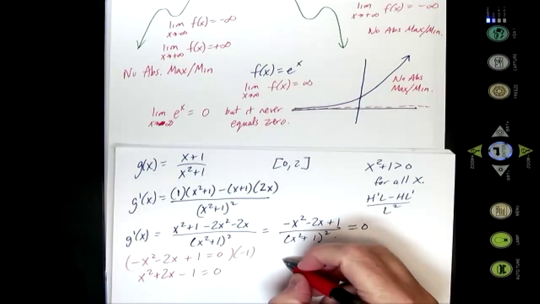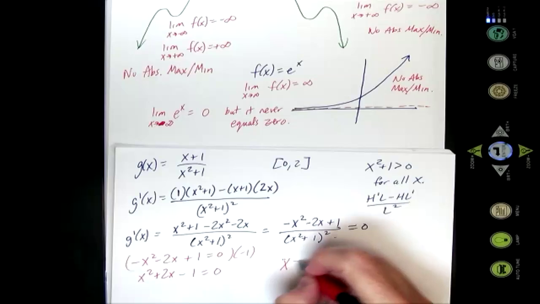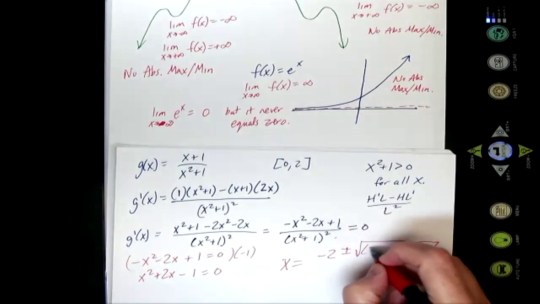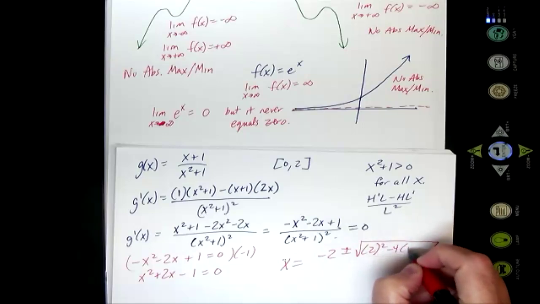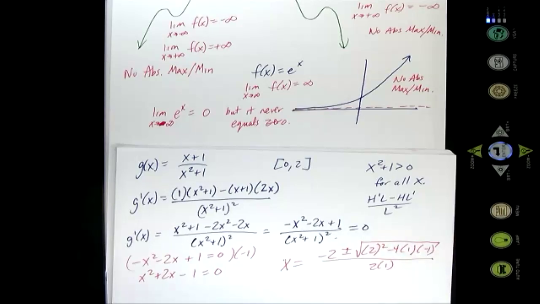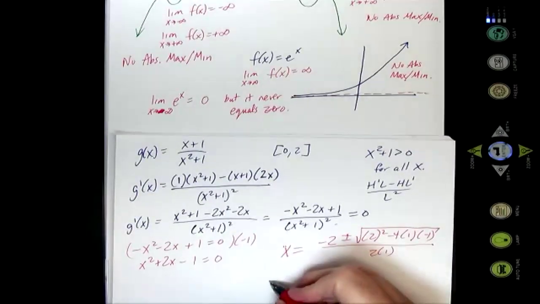What do we gotta do? That doesn't factor, so we're doing the quadratic formula. Negative 2 plus or minus the square root of 2 squared minus 4 times 1 times negative 1, all over 2 times 1.